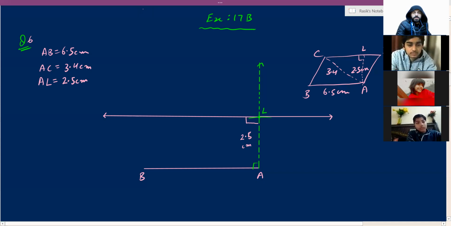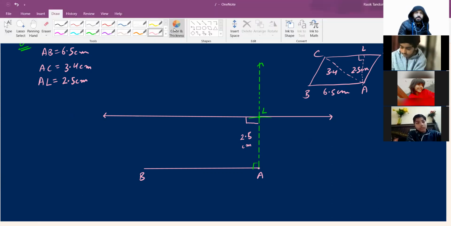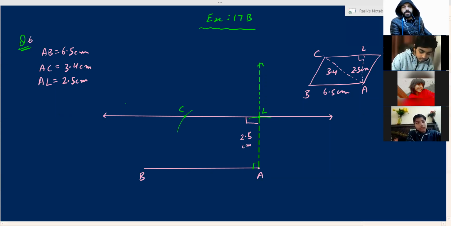So take out your compass, measure 3.4 centimeters, and because the length AC is 3.4, we will keep the compass at point A and make an arc on the parallel line. It will be something like this. This is your vertex C, the point of intersection of the parallel line and the arc, the vertex C of the parallelogram.